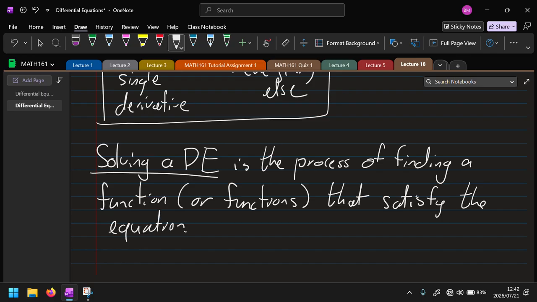So you've got yourselves a differential equation. The act of solving it is finding a function, let's say y, that if you substitute it into the left-hand side and the right-hand side, you end up with left-hand side equals right-hand side. So it satisfies the equation.